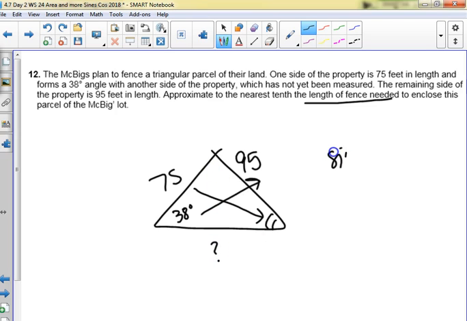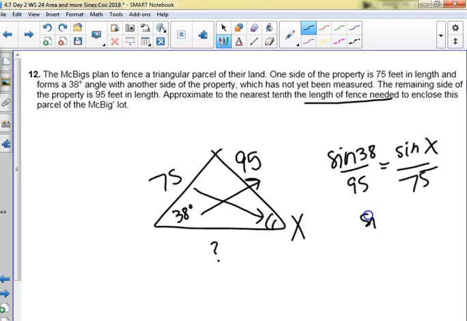That's kind of complicated. Sine of 38 is across from 95, and the sine of, I'll call this x, is across from 75. So 75 times the sine of 38 divided by 95 is 0.486.